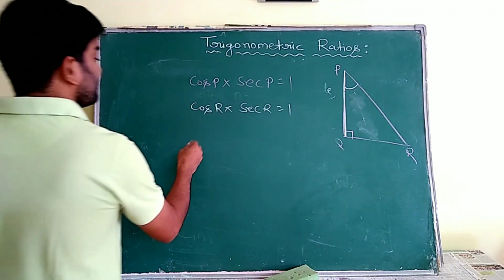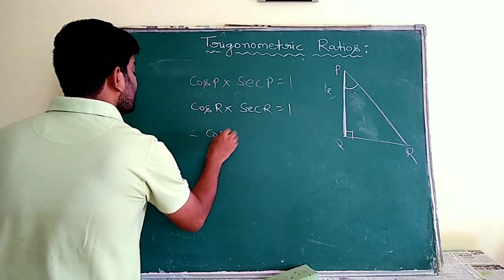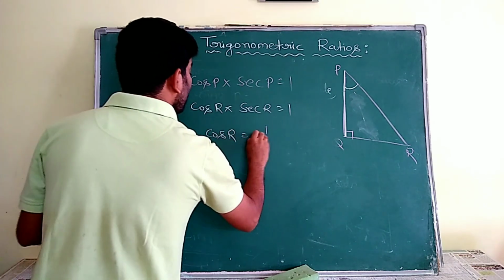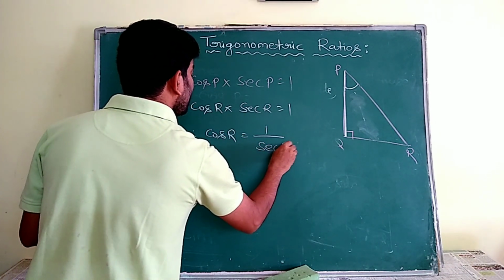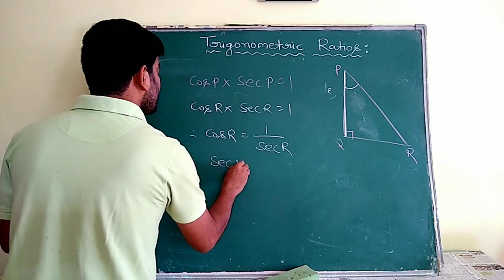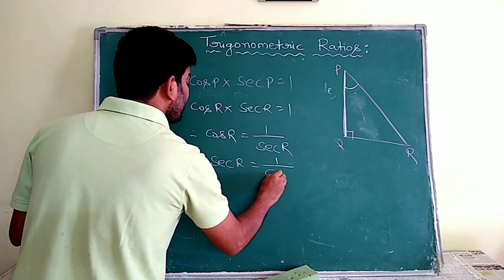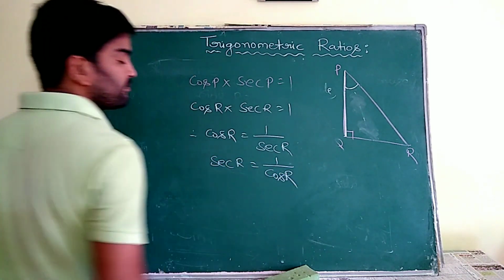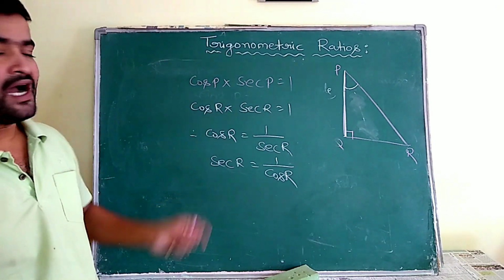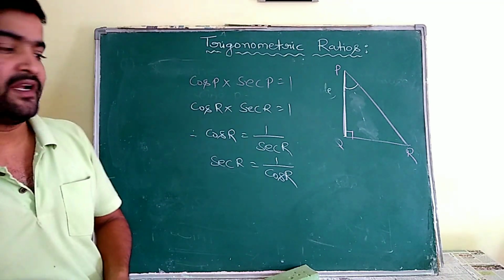So cos r is equal to 1 by secant r, or secant r is equal to 1 by cos r. This is the observation in the second family.